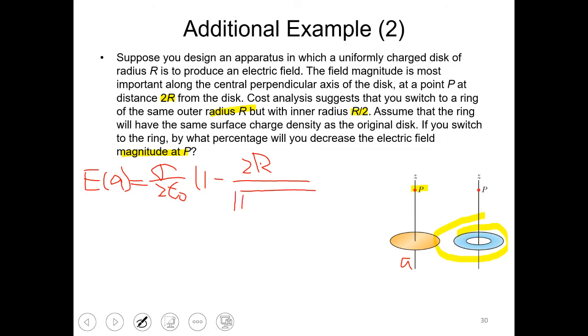So this is the E field generated by this disk at point P. And actually it should be sigma over 2 epsilon 0, times 1 minus 2 over the square root of 5.